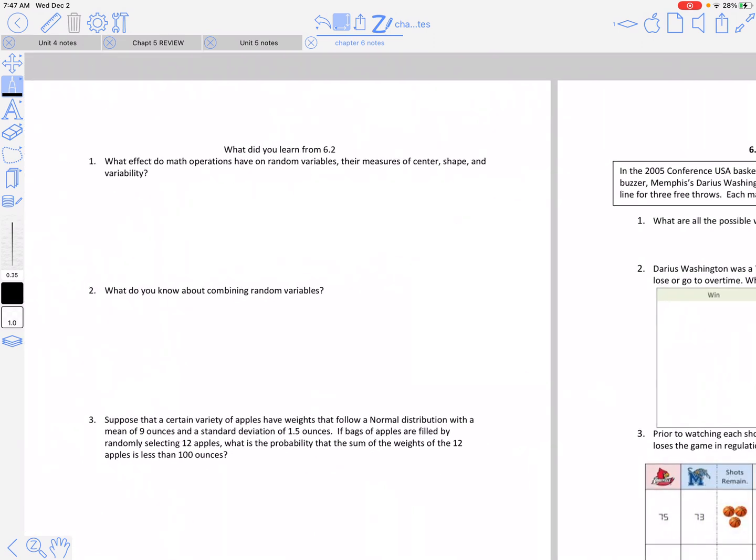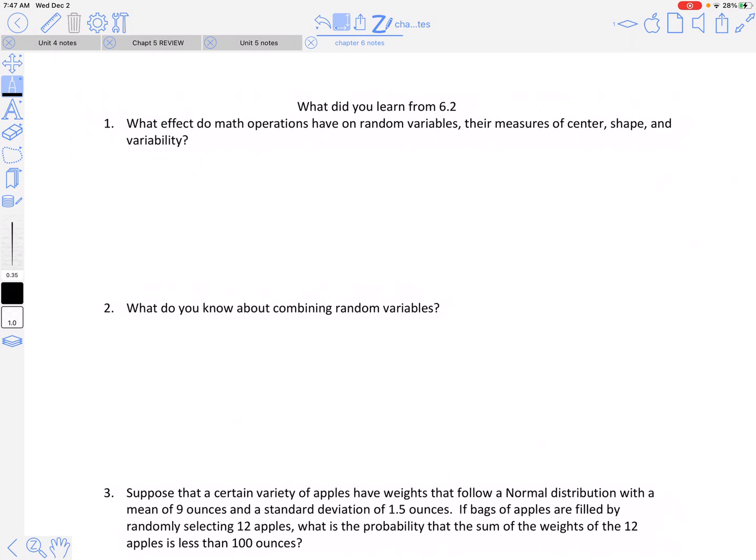Okay. All right, so wrapping this up, what effect do math operations have on random variables? They're measures of center, shape, and variability. Remember, shape is not changed by adding, subtracting, multiplying, dividing.